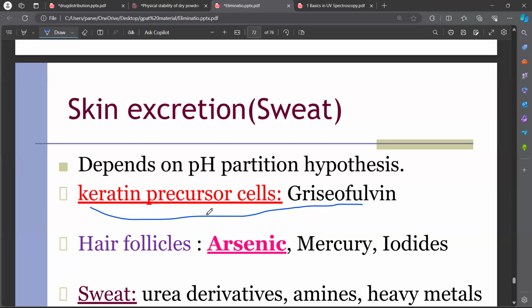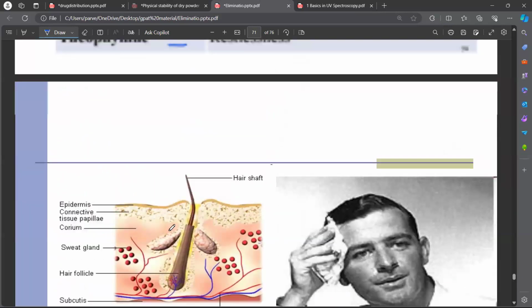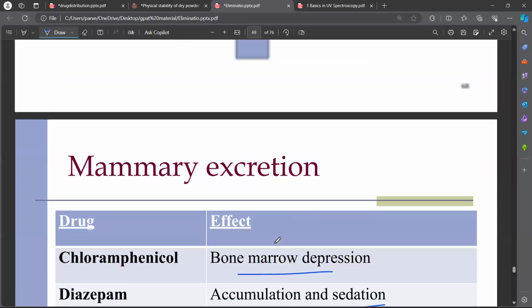Some of the extra concepts which we can also discuss while coming to the renal clearance is known as the renal clearance ratio. So let me discuss with you guys what is meant by the renal ratio.